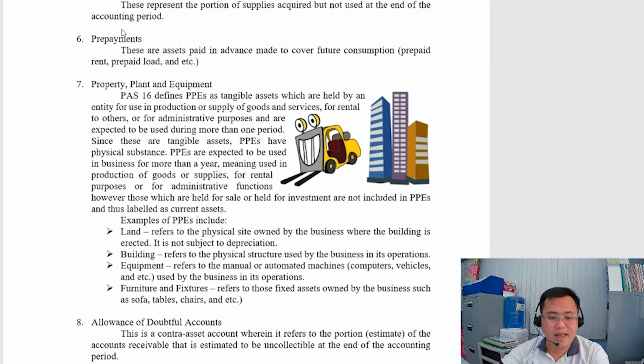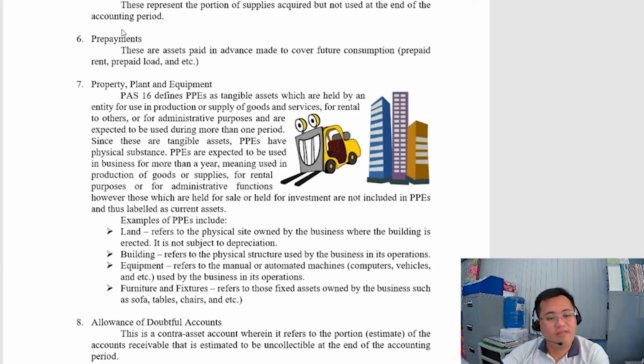Now, PPEs are expected to be used in businesses for more than a year, meaning used in production of goods or supplies, for rental purposes or for administrative functions. However, those which are held for sale or held for investments are not included in PPEs and thus labeled as current assets.